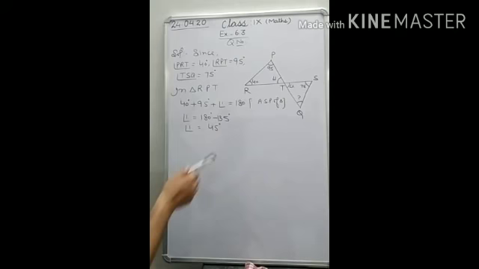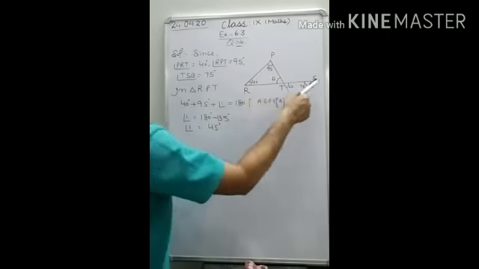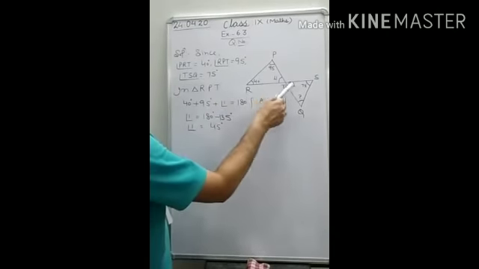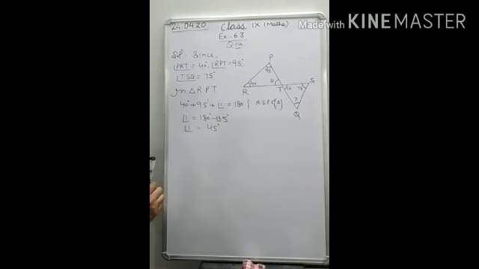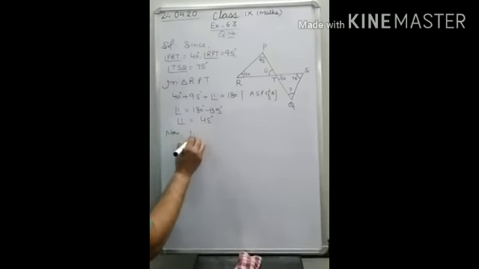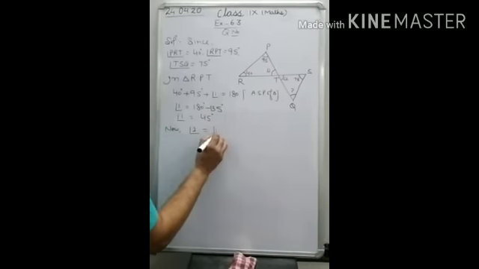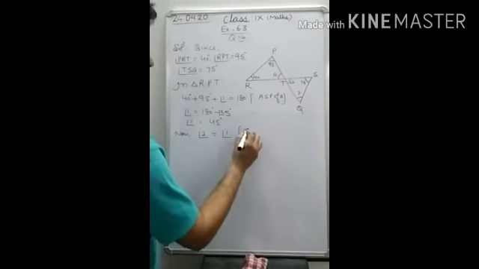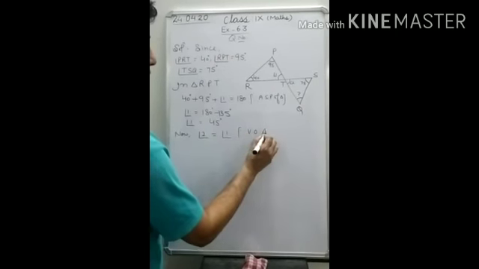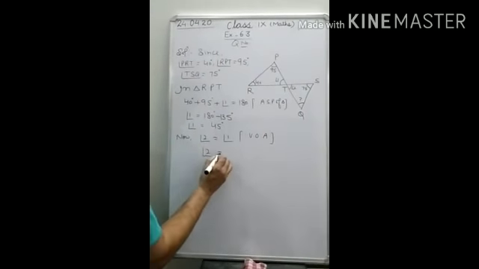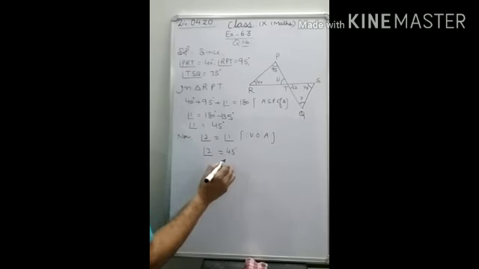Now you see here lines RS and PQ intersect. So therefore angle 1 and angle 2 are vertically opposite angles. Now you write angle 2 is equal to angle 1. What is the reason for that? Because vertically opposite angles. So from here angle 2 is equal to 45 degrees.